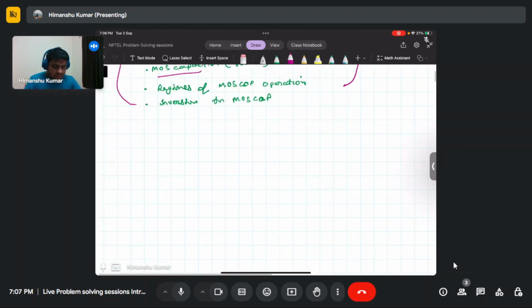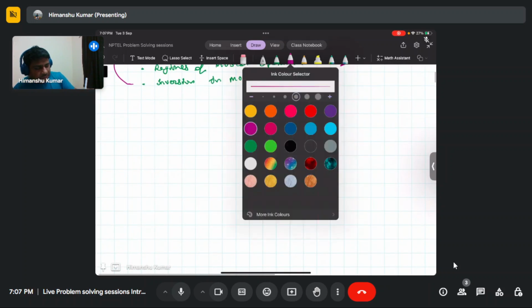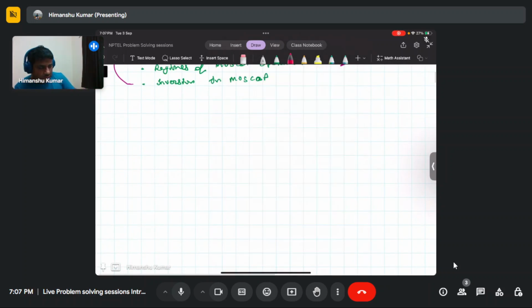So let me first summarize what the metal semiconductor junction is. Why are these metal semiconductor junctions important?